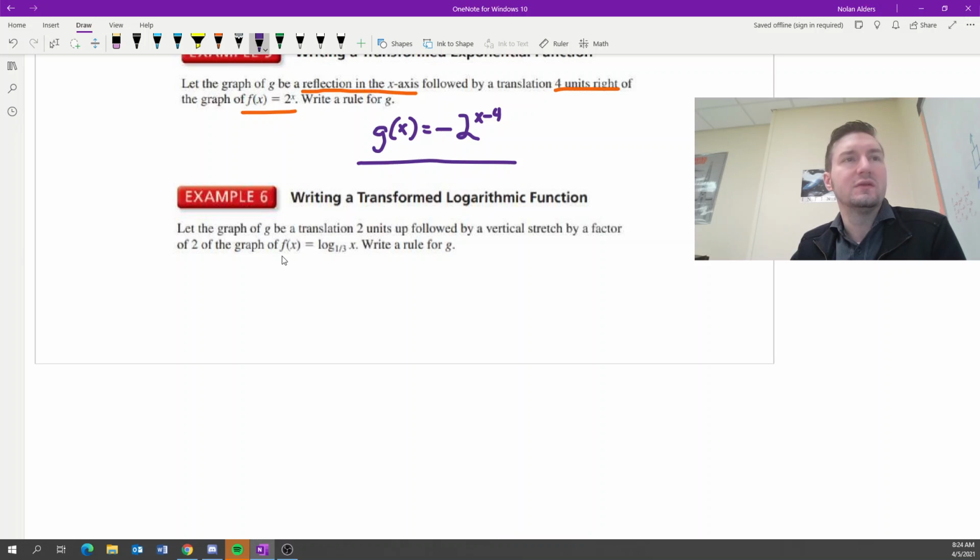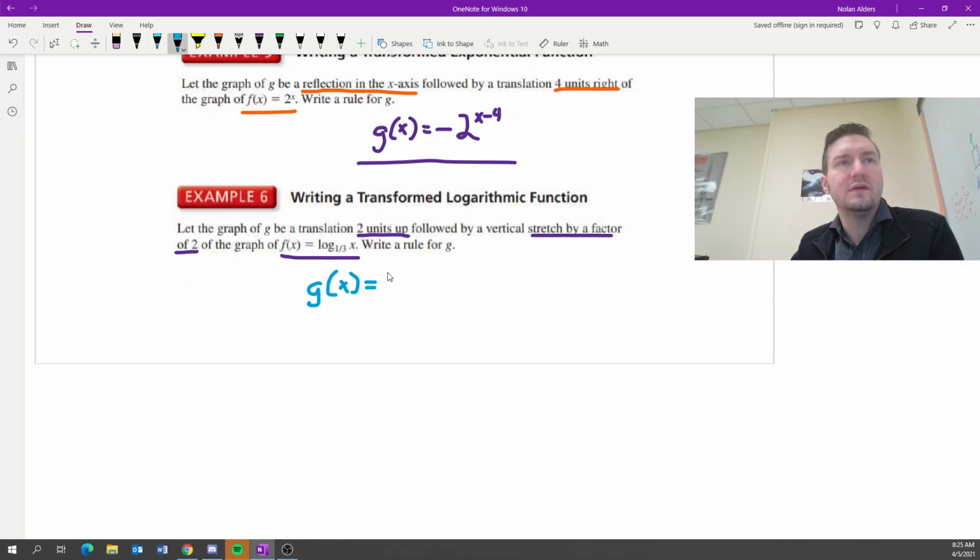Here's our original logarithm. And then we want to move it 2 units upward. And then we want to have a stretch by a factor of 2. So let's go ahead and do that. Let's change colors here. So g of x equals, our original is log base 1/3 of x.